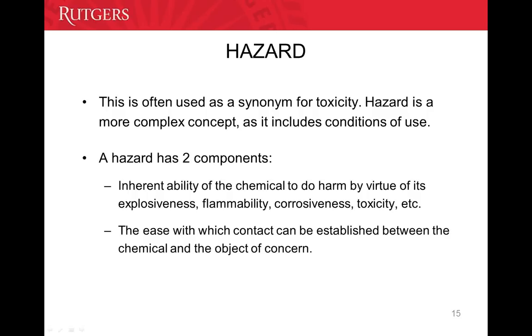The second one, of course, is that you try to install administrative controls and use proper kinds of technology to reduce exposure. And also, if you don't have success with the first 2, you try to use something like personal protective equipment.